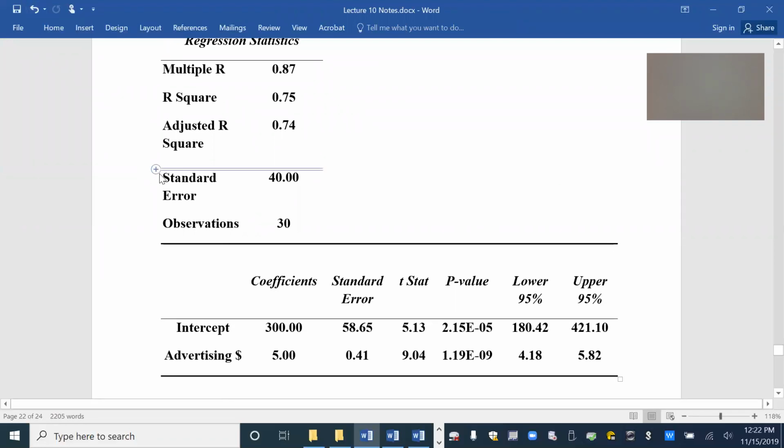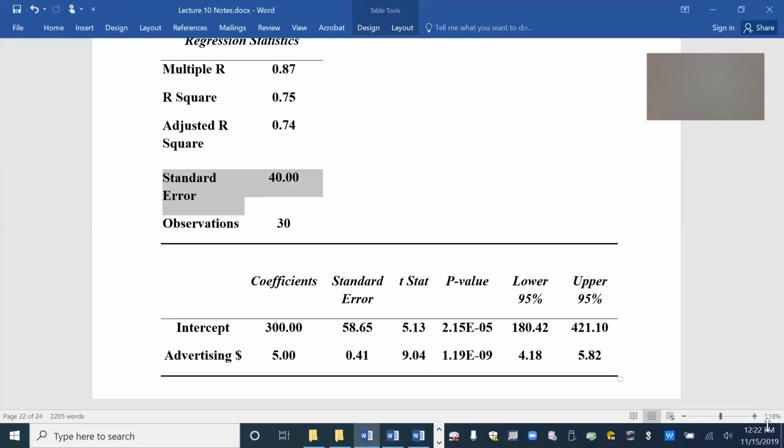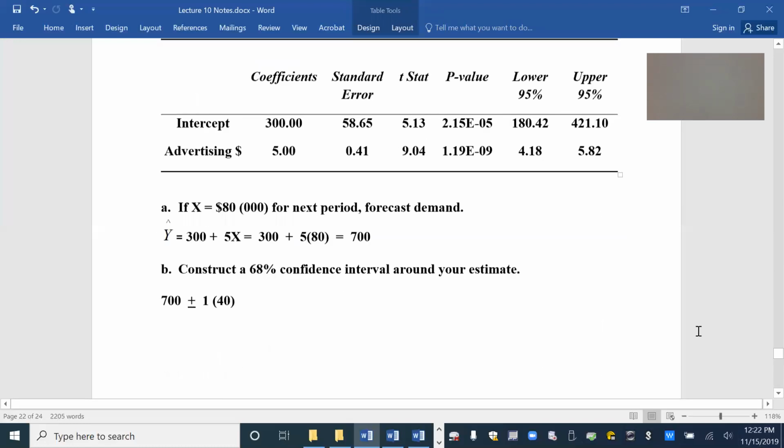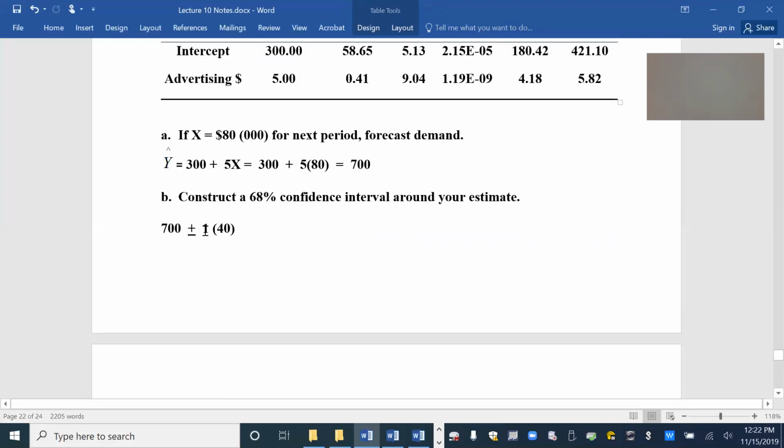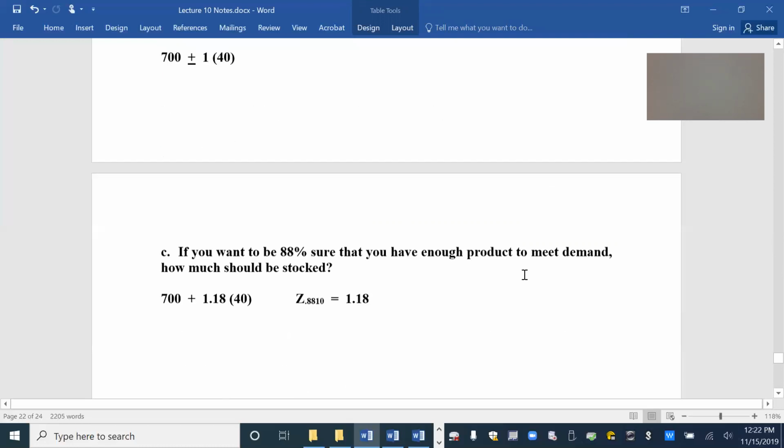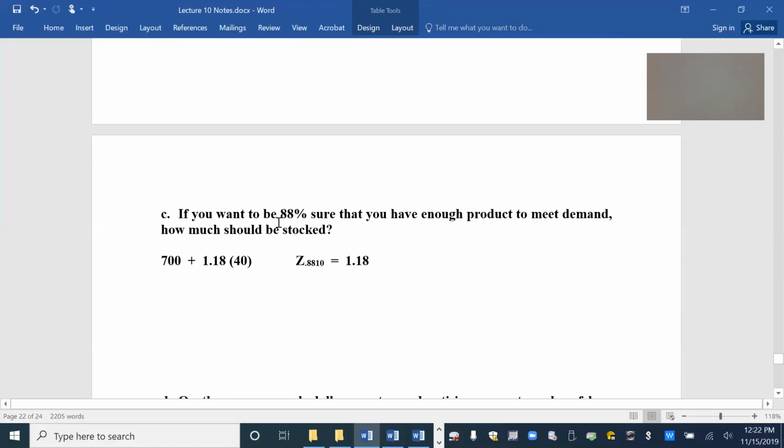Come on. Well, 40. So it would be 700 plus 1 times 40. If you want to be 88% sure you have enough, how much should we stock?